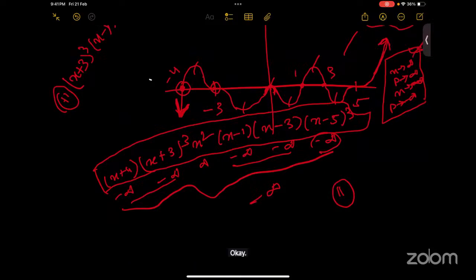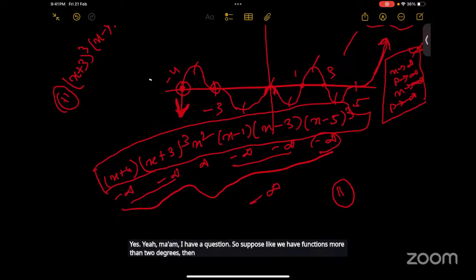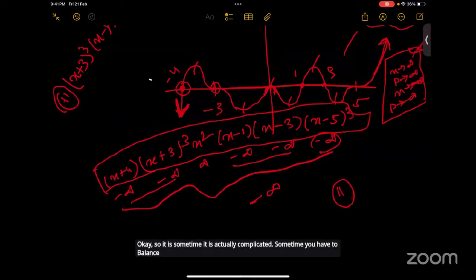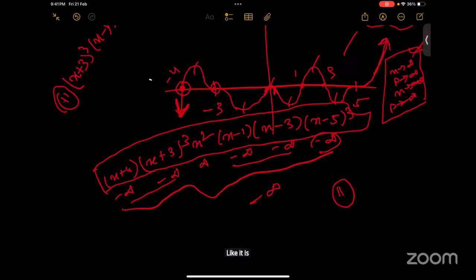Yes, ma'am, I have a question. Suppose we have functions with more than 2 degrees, then I always feel confused about how to resolve them, how to get factors of those functions. Sometimes it is actually complicated. Sometimes you have to balance the function in such a way that you can take a factor as common. It is up to practice.